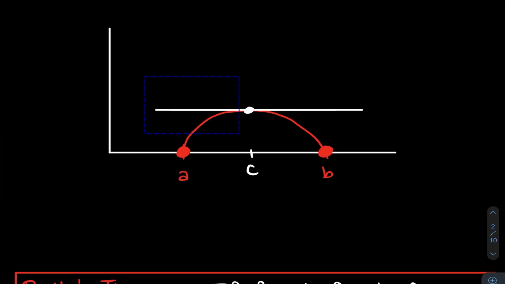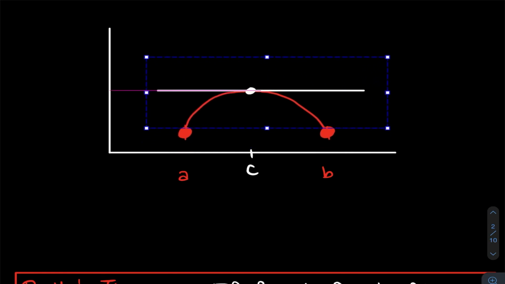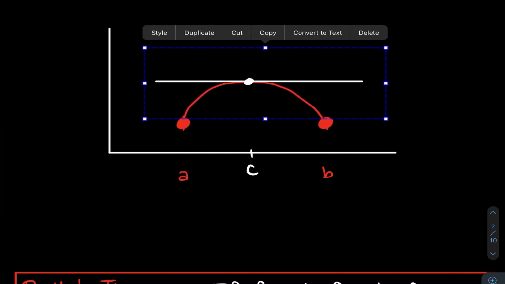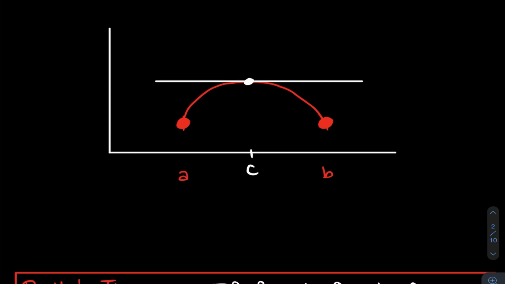You could have these points be off the x-axis a little bit as long as they're at the same y value. As long as you're starting at the same y value that you're ending at, if you go up, you gotta come down, and that means that you have to turn around at some point, and the slope will have to be 0.